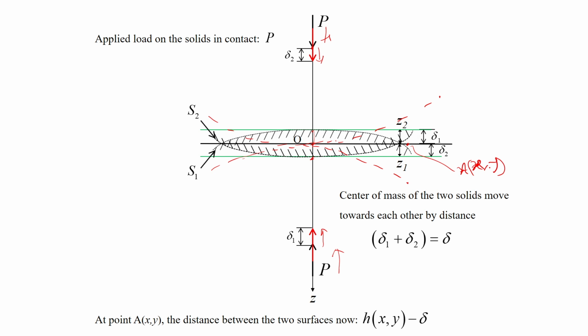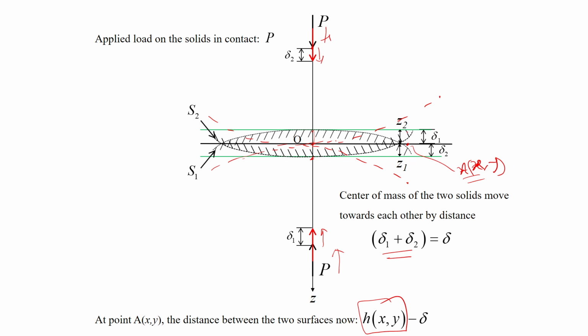The gap, the vertical distance between these two surfaces at this point (x, y), was h(x, y). Now these two surfaces have moved towards each other by distance delta 1 plus delta 2, which is the distance by which the two surfaces have come closer.